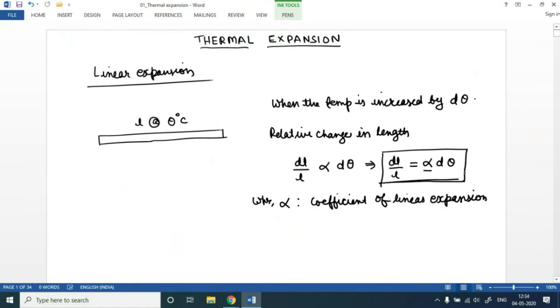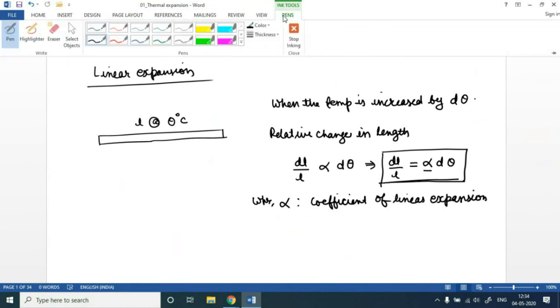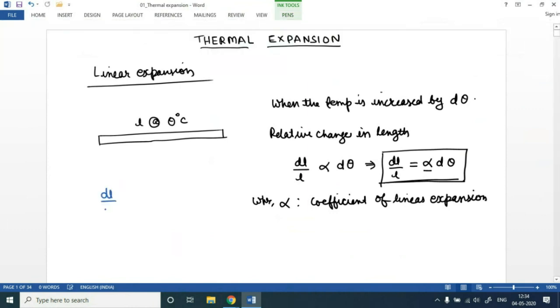Here we are interested in finding the final length at some final temperature. The differential equation we have is dl by L equals alpha d theta, and let's integrate both sides with proper limits.